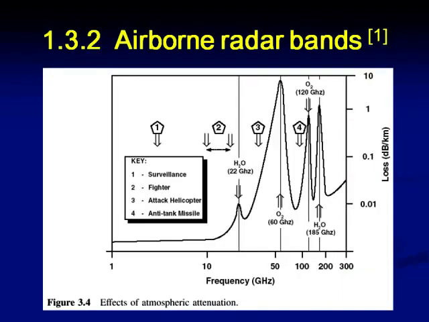So as you can see from the graph, the atmospheric attenuation is low only at certain frequencies, and at these frequencies we use radars for surveillance, for attack helicopters and anti-tank missiles, and also for fighters as indicated. So the frequencies are mainly decided based on the attenuation of these waves when they travel through the atmosphere.